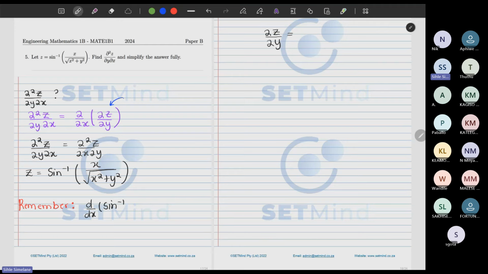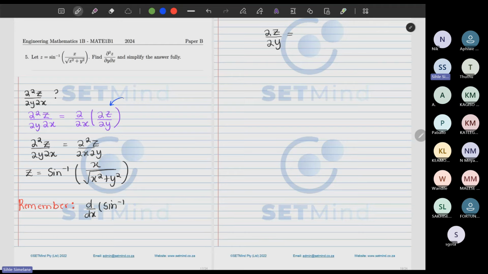Right. So with this in mind, we should be good to go to our problem, because we are doing the partial of z with respect to y. So we are deriving the inverse of sine, which means at the top, remember we are deriving with respect to y.